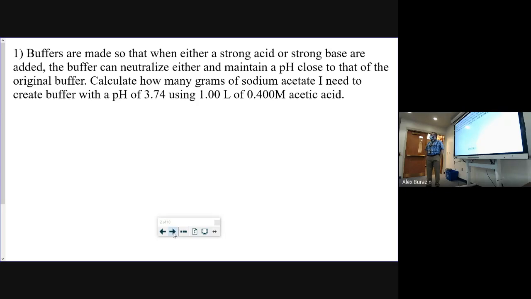Are you trying to find the molarity of base? Well, I'm sorry, I want the molarity of my conjugate base. We're not adding a strong base, right? That way would totally work if I wanted the total molarity of hydroxide, but that's not what I want in this instance. I want the molarity of my conjugate base so I can use that in the factor label to solve for grams of something.